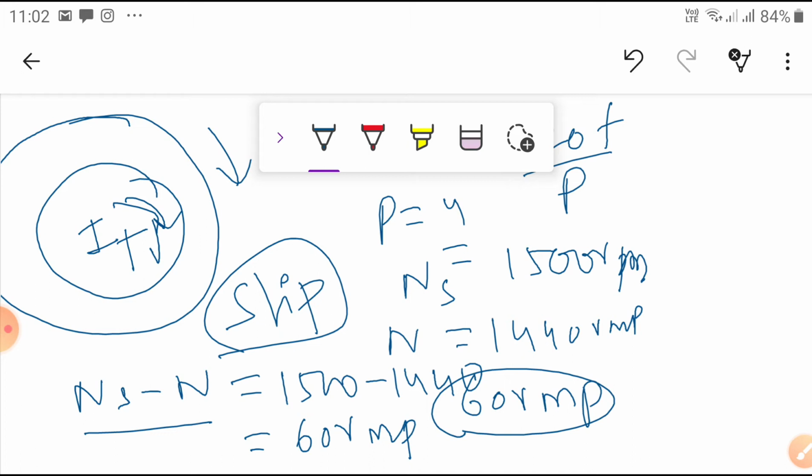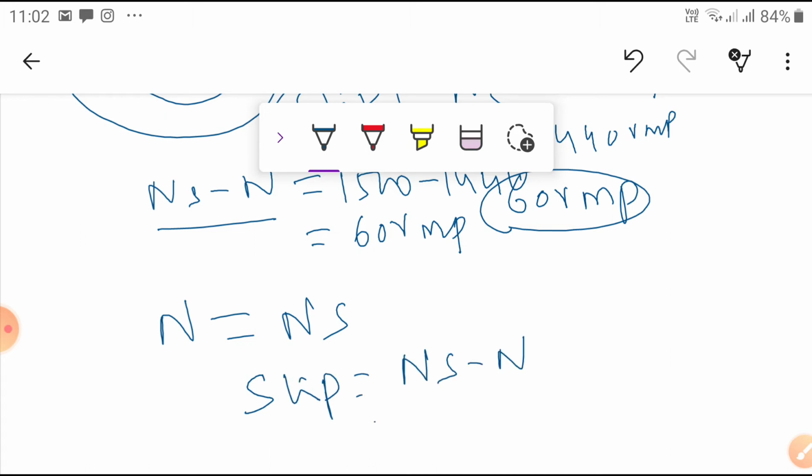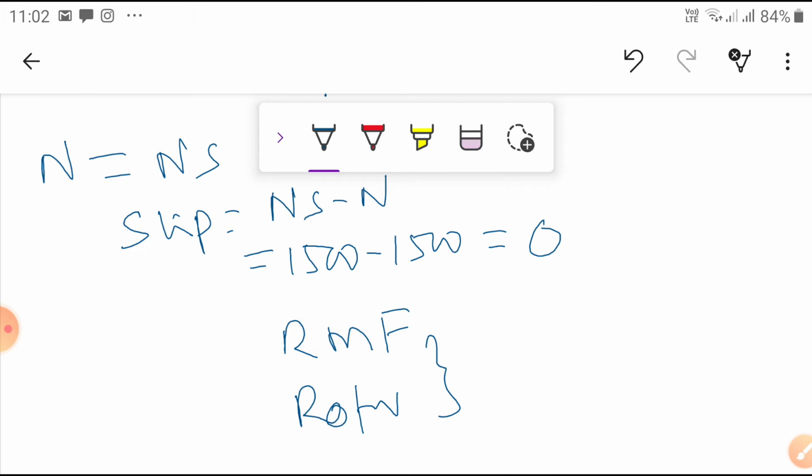Now, if both are the same, what will happen? If the rotor speed N is also the synchronous speed, then the slip speed is equal to Ns minus N, that is 1500 RPM minus 1500 RPM. Then what will happen? Zero. Once the relative speed between the RMF and rotor is zero, then as per Faraday's law of electromagnetic induction, e = dφ/dt, zero EMF is induced in the rotor conductors.